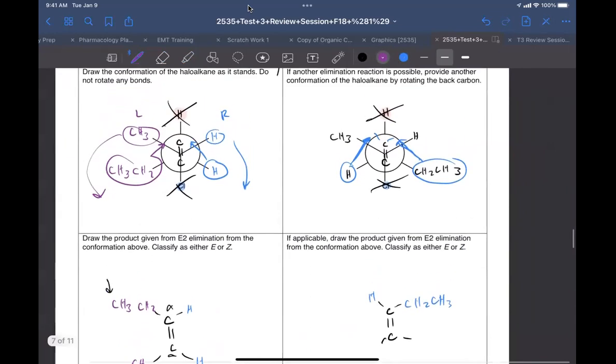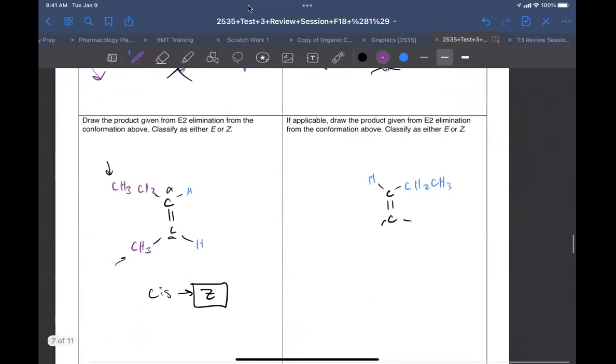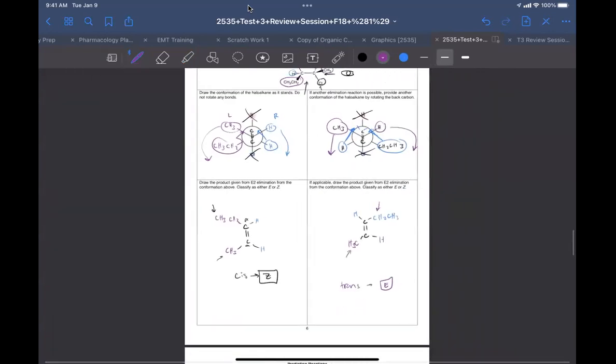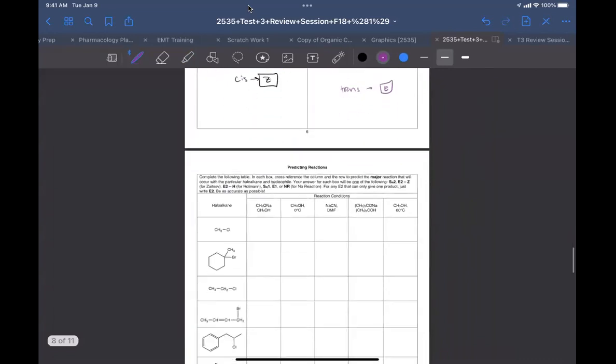We bring this top one, still same left side, down. CH3, then H. Now these are trans to each other. E. Does that make sense? How we got there? Yeah, that makes sense. Cool.